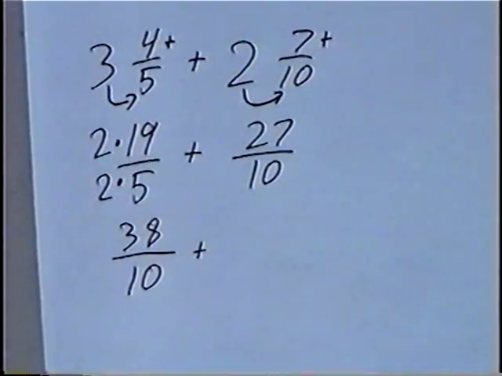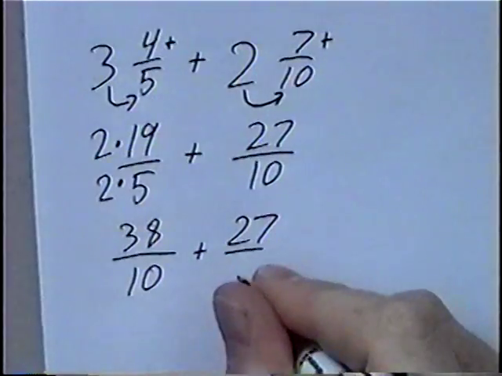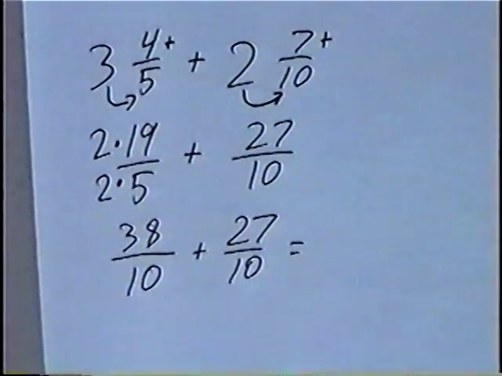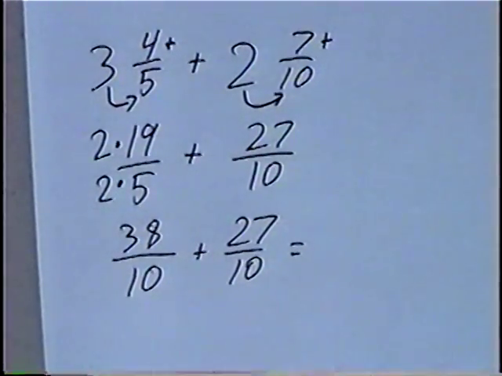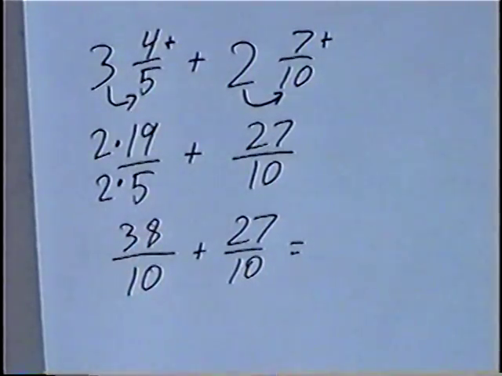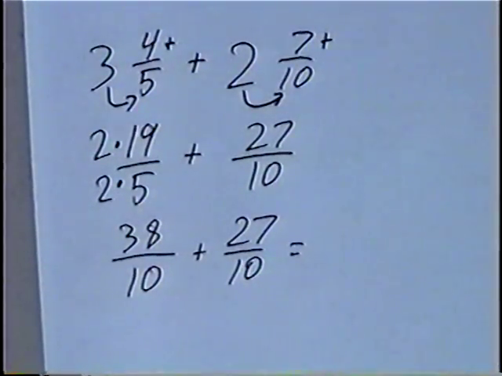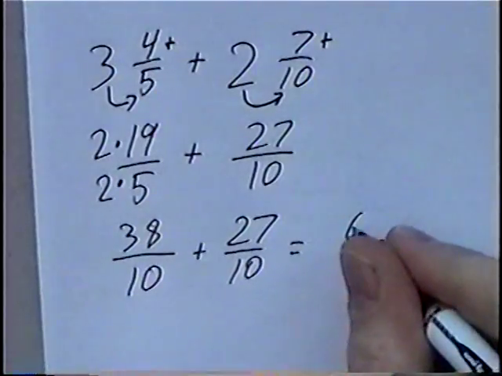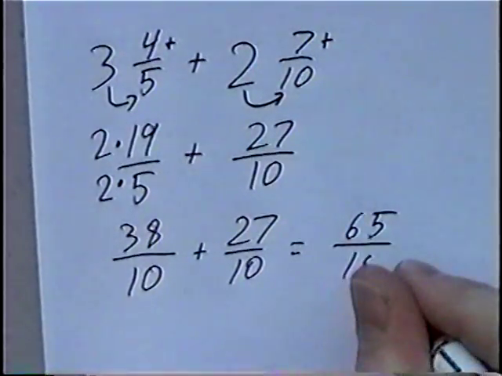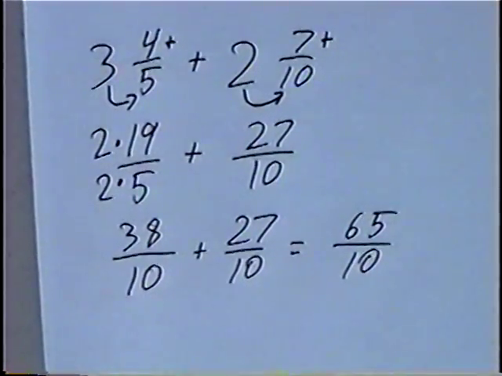The second fraction will stay the same, 27/10. And with common denominators, we can just add the numerators, 38 plus 27 would be 65, over the same denominator, 10.